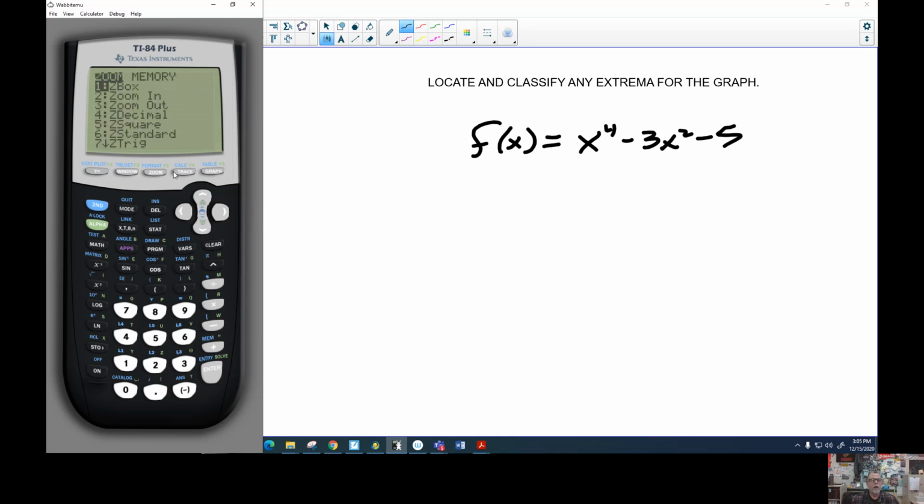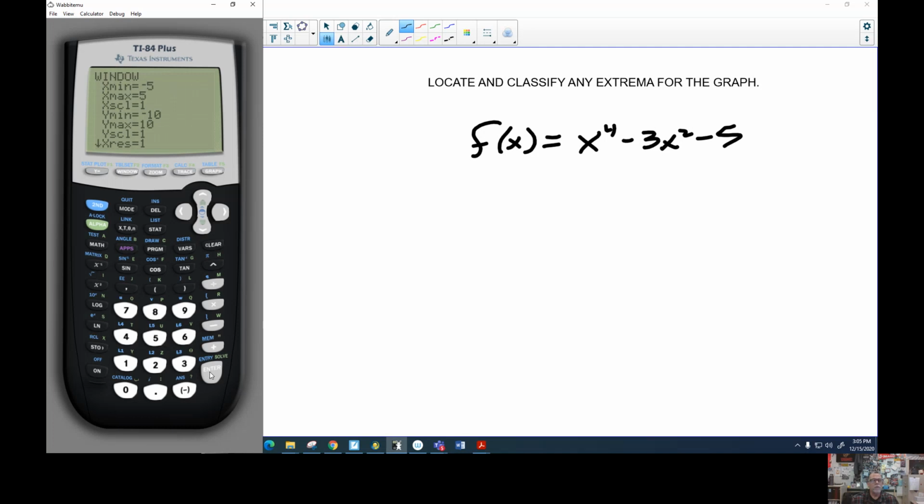And I'm going to do a zoom 6, just a standard zoom, and see if I see everything I need to. I think I see it all. If you want to, you could zoom in a little bit more. If you wanted to close this in, maybe do a window instead of negative 10 to 10, maybe do negative 5 to 5. Whoops, I got to go back. I did something wrong. All right, that was supposed to be a negative 5.